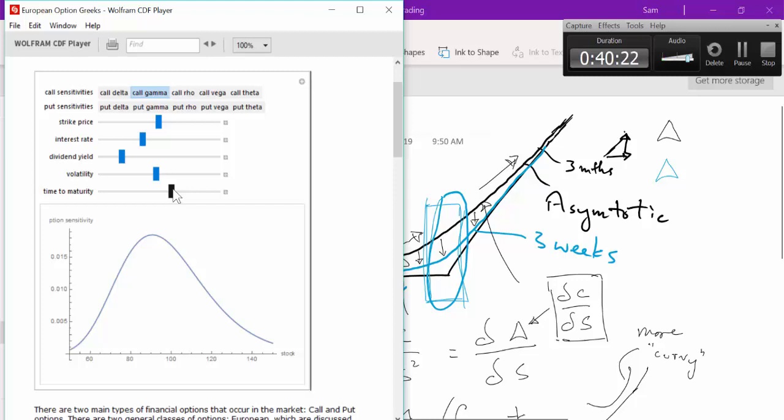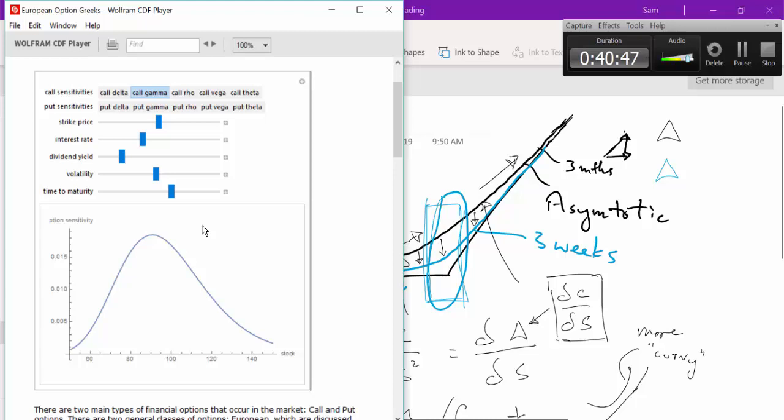the stock price. Now, before you start freaking out and say, "Oh my God, what's going on?" let me slowly explain to you what's happening here. So first of all, what is the x-axis? X-axis is just the stock price, okay? The underlying stock price. What is this graph showing?